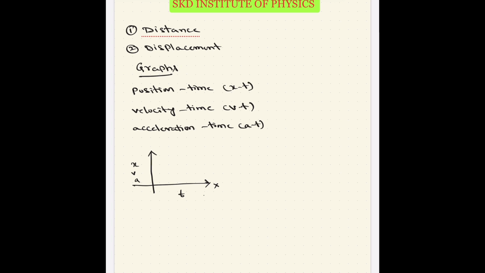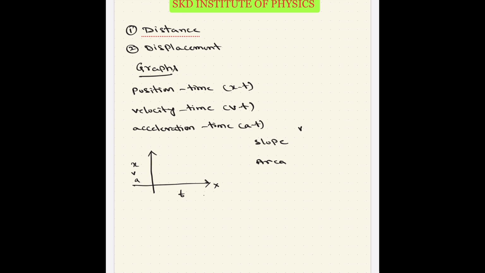Clear? Moreover, in this topic, the one most important point I am discussing is slope and area. How to calculate the slope, how to calculate the area. Remember, these are very important points.